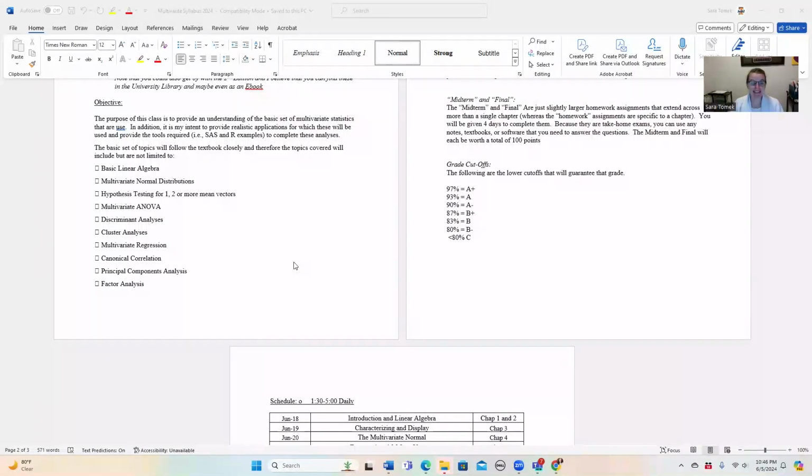When I think about this course, the majority of it, if I boil it down to something, is linear combinations: how we can take complicated sets of data that have multiple variables and make them easier to understand.